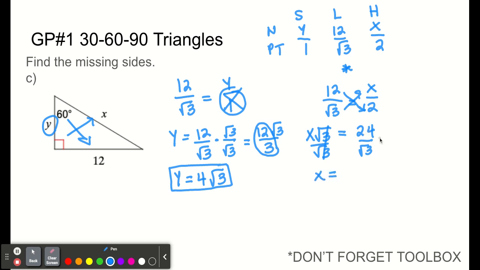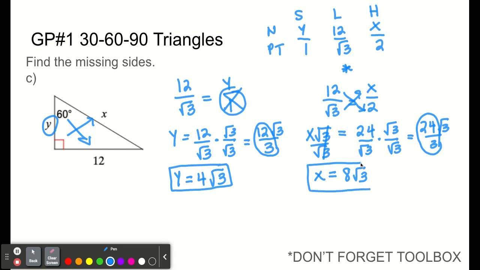And we're going to rationalize this. So we multiply by radical 3 over radical 3, giving us 24 radical 3 divided by 3. Simplify those outside values, 24 divided by 3, and that gives us 8 radical 3. So again, this is solving given the long leg.